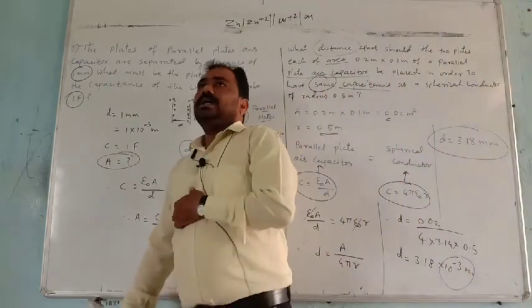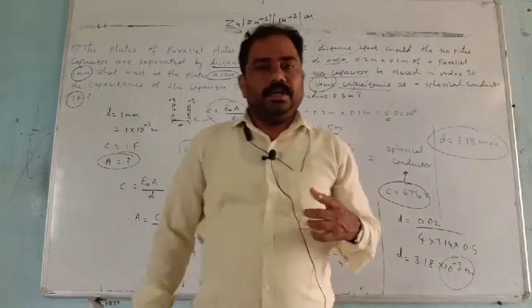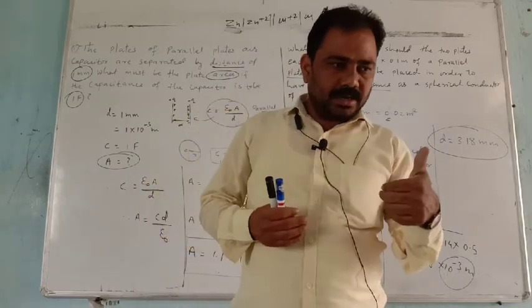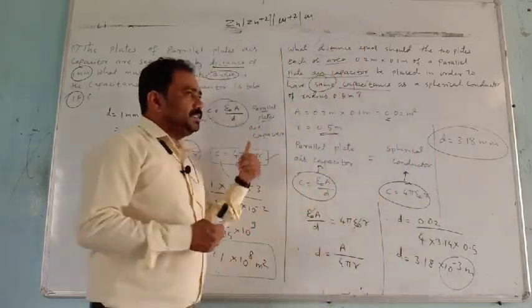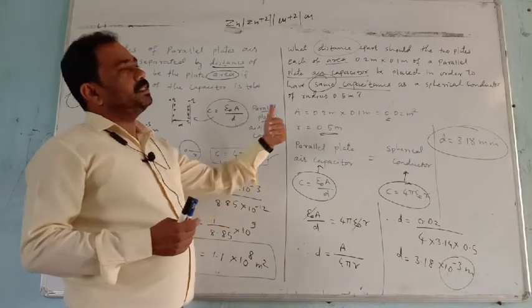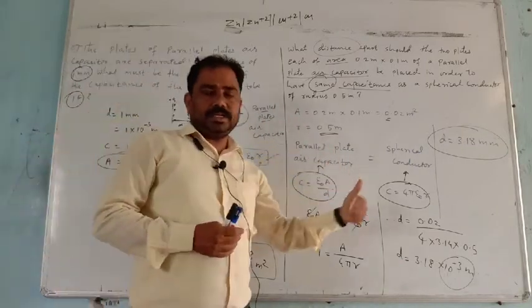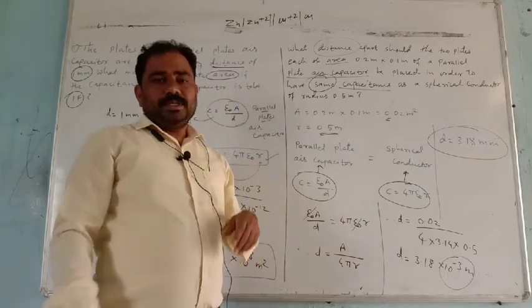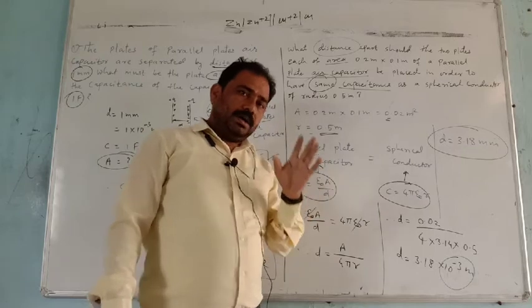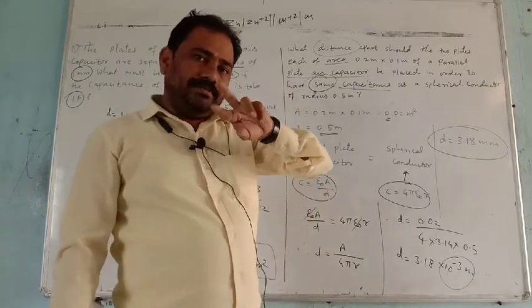One thing I want to tell you: if MCQs ask on this topic, the capacitance of a parallel plate condenser or a spherical conductor, you just have to remember the difference between them.